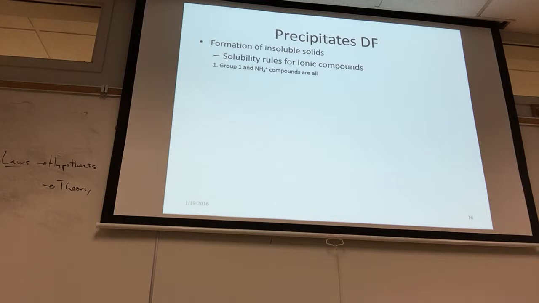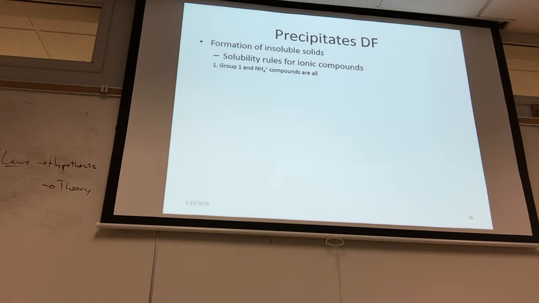But then you go, well, what about silver? Silver is only +1. Chloride is only -1. Why does silver chloride precipitate, but sodium chloride does not? And then you go, wow, that just failed. But it really didn't fail, because we have to look at bonding. Bonding is a little bit more complex than just looking at charges.